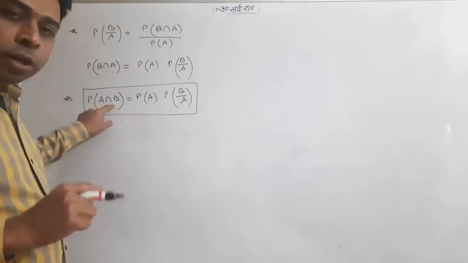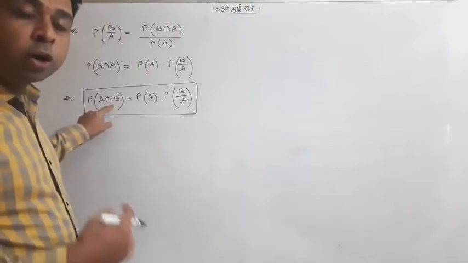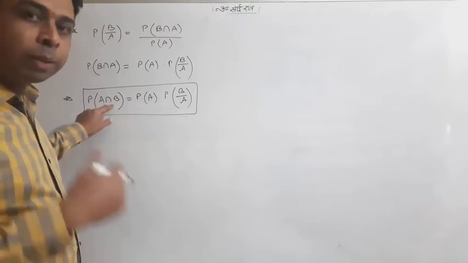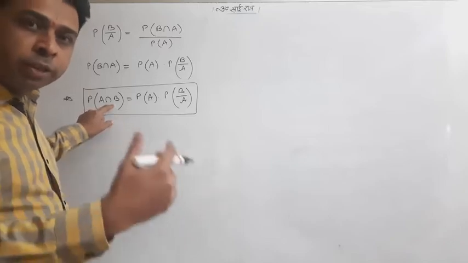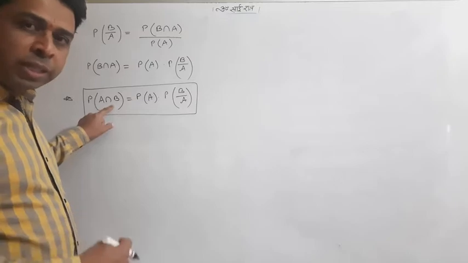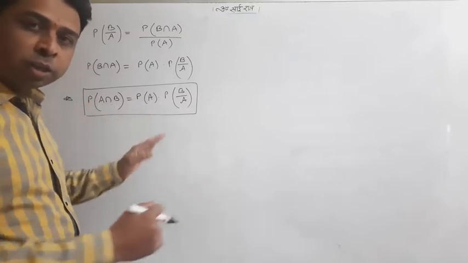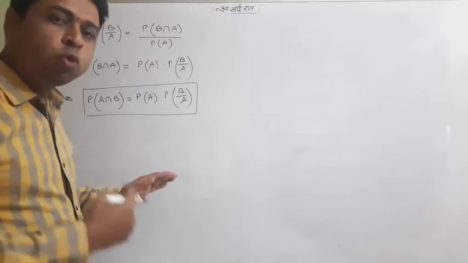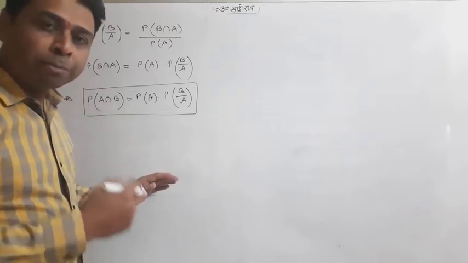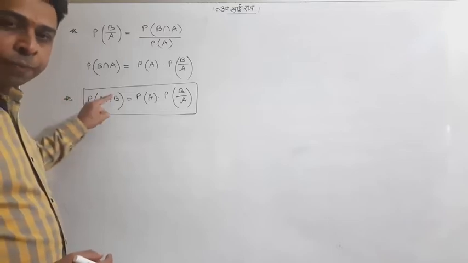A and B in the sense when two events are occurring one by one, consecutively or continuously. First A occurred, then B is occurring. So when two events are occurring one by one consecutively, that is called A intersection B.